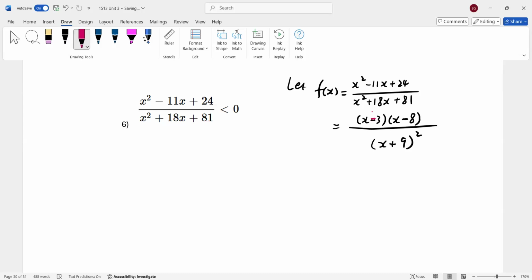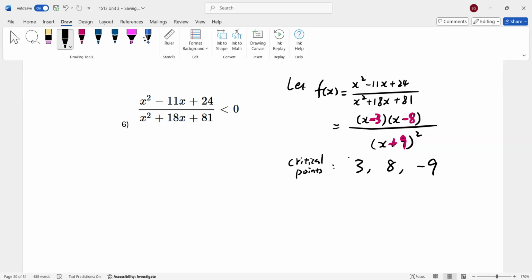We can do the color, -3 here, -8 here, +9 here. So the critical points, the important points of the function are the opposites of the three red numbers, +3, +8, -9.